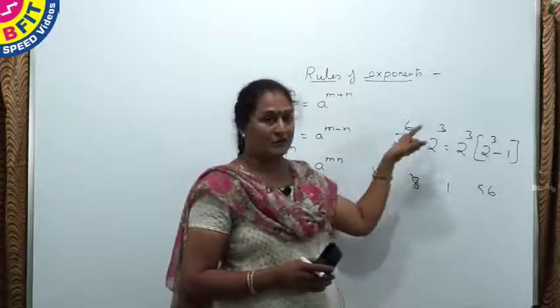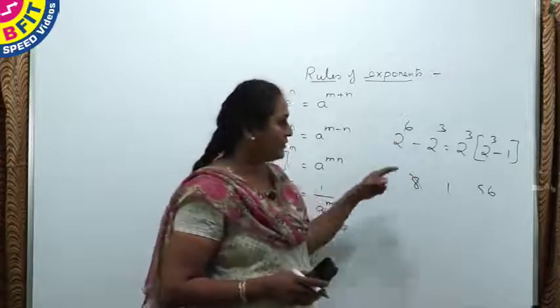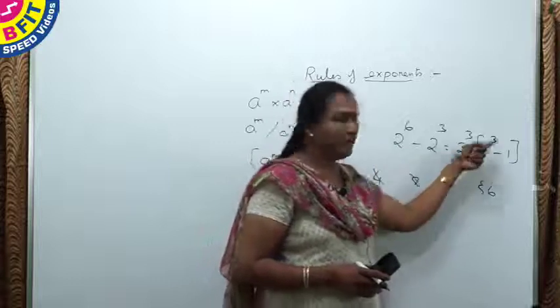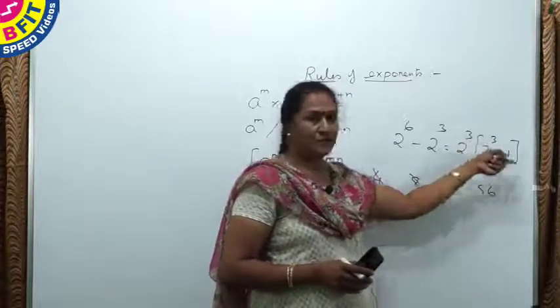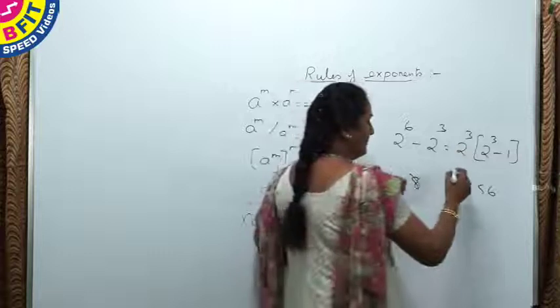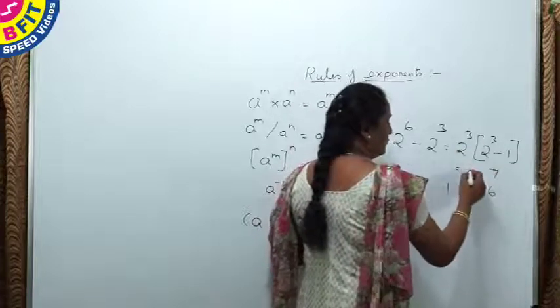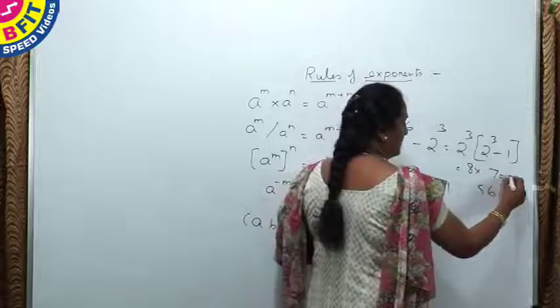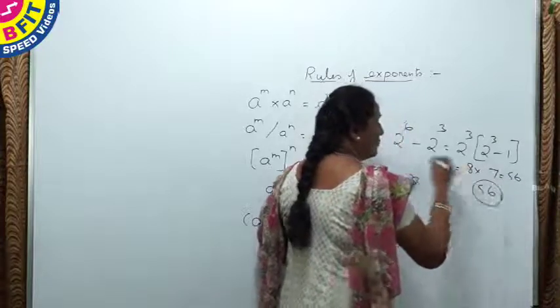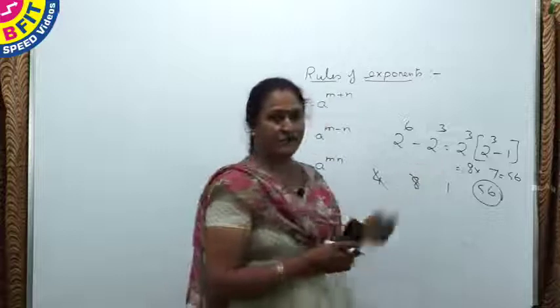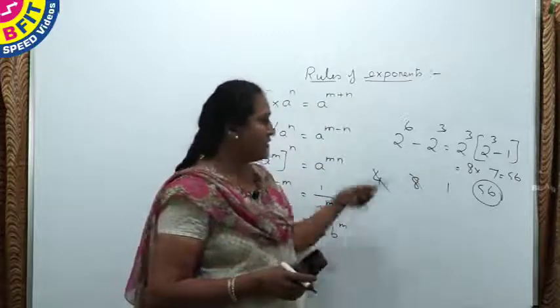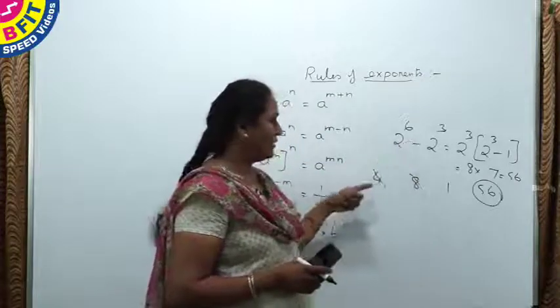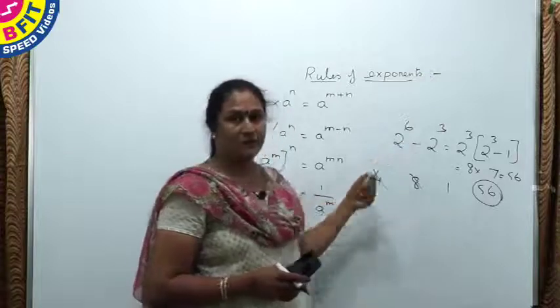You can't subtract or divide the powers. Taking out the common factor, we have 2 cube, 8 minus 1 is 7, and here 2 cube is 8. So 8 into 7 is 56. So for this expression the answer is 56.